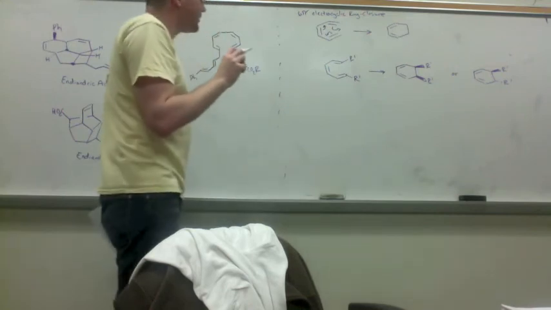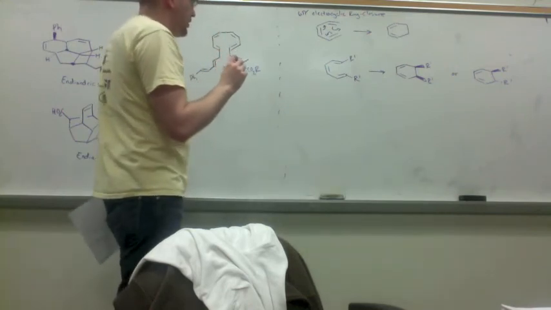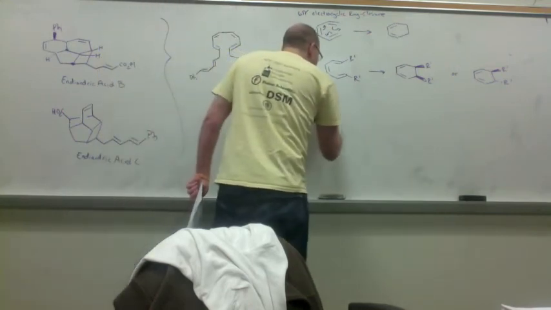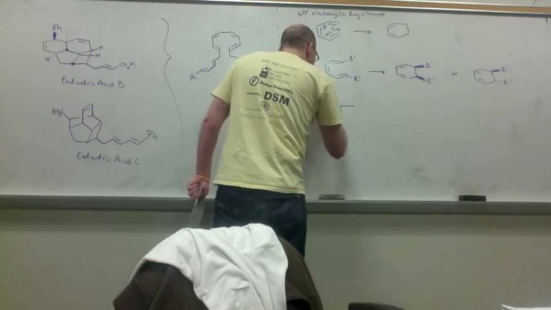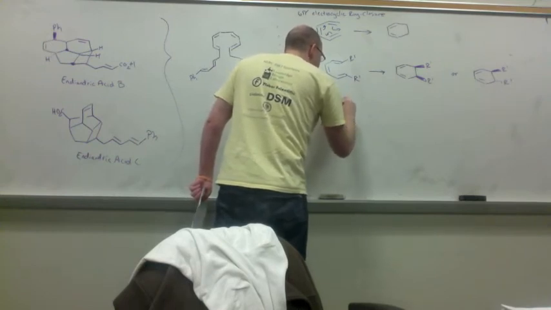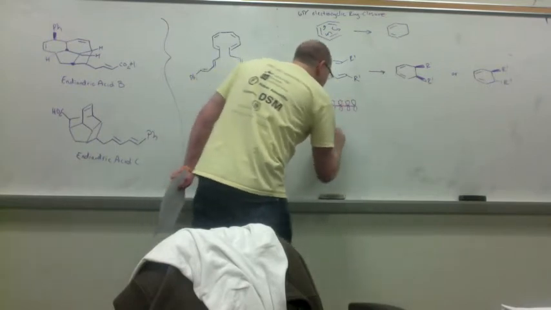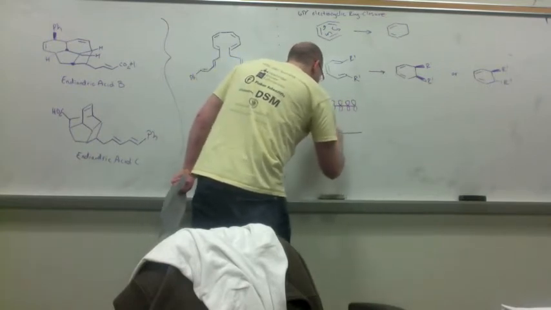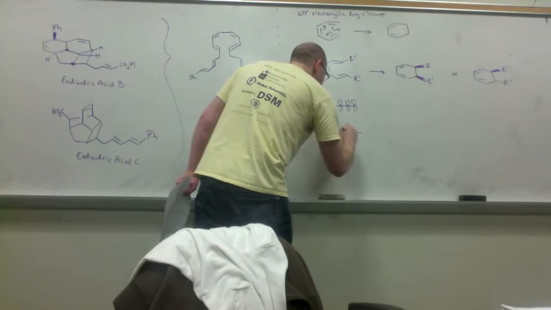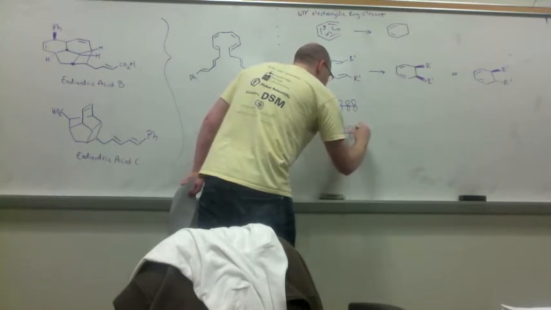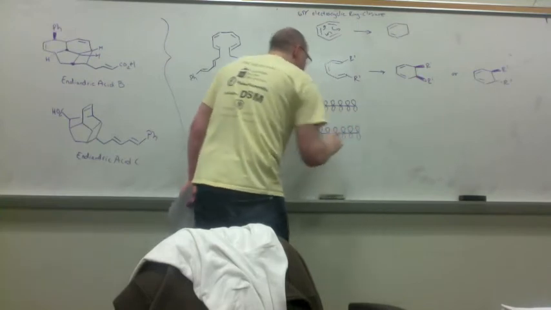Hopefully I have enough board space to do this. I might need to go in rows of 3. Okay, maybe that's all I'll do. 2, 3, 4, 5, 6. Okay, you know what?